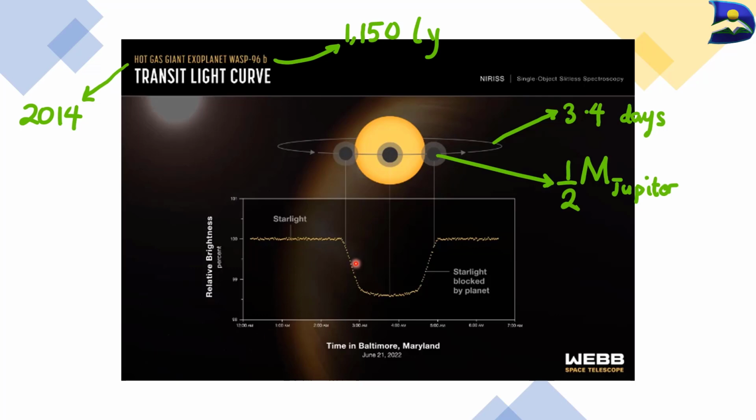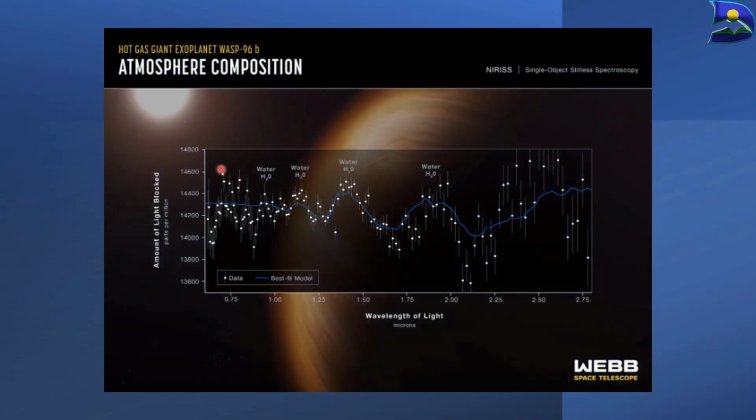Now, another interesting and most captivating thing of this analysis is looking at the presence of water. The atmospheric composition revealed that it can exist as a cloud or as a haze. This is shown in this graph analysis between the amount of light that is blocked and the wavelength of light.